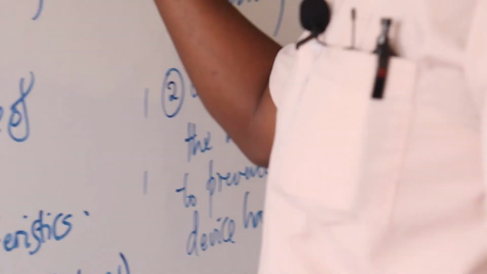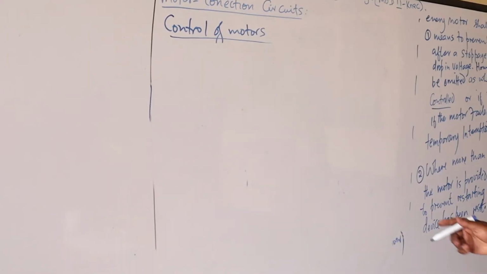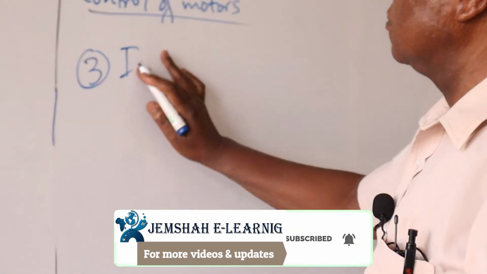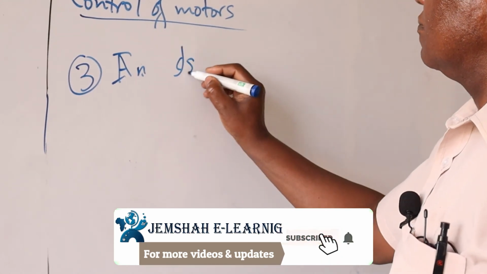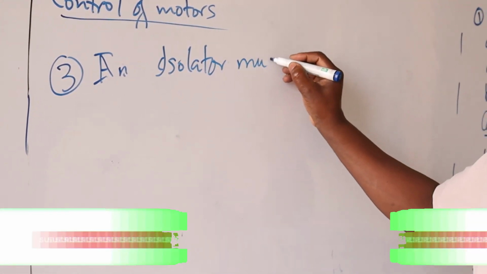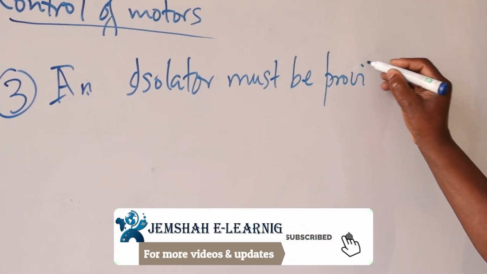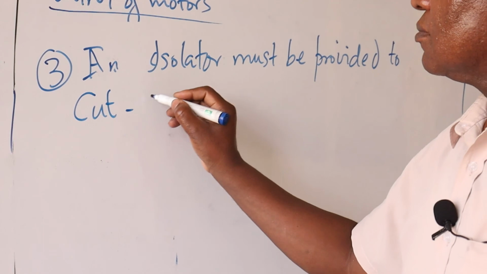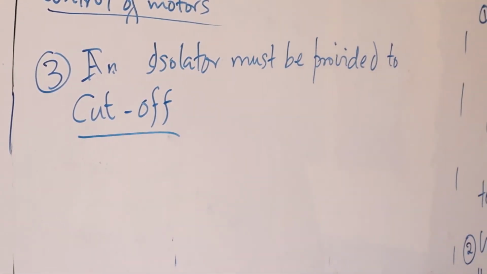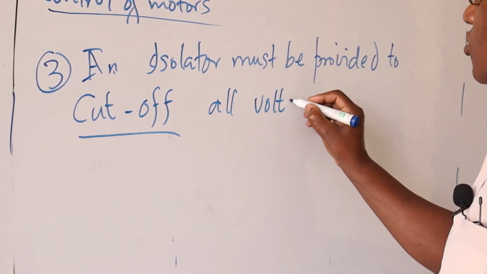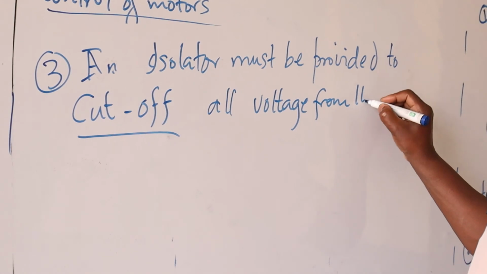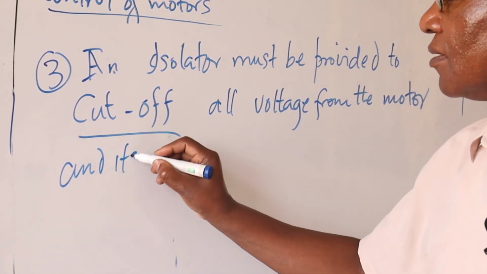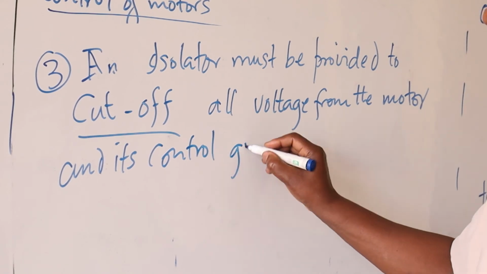And then the third one, an isolator must be provided to cut off all voltage from the motor and its control gear.